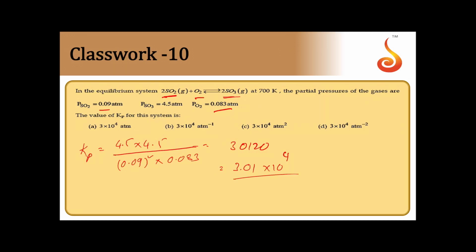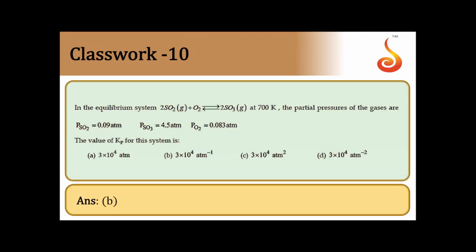The option is B. Directly they have given us partial pressures, so we can apply the direct formula. B is the answer.